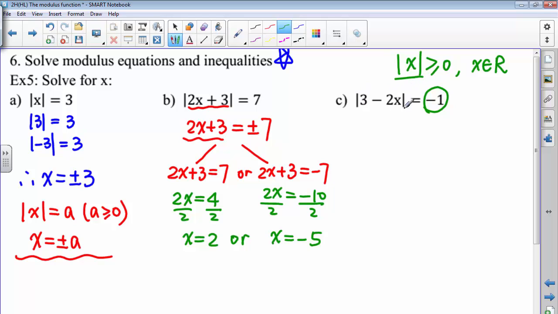But this absolute value is negative, which suggests this equation has no solution. There's no way for us to find an x value such that this absolute value is equal to negative 1.